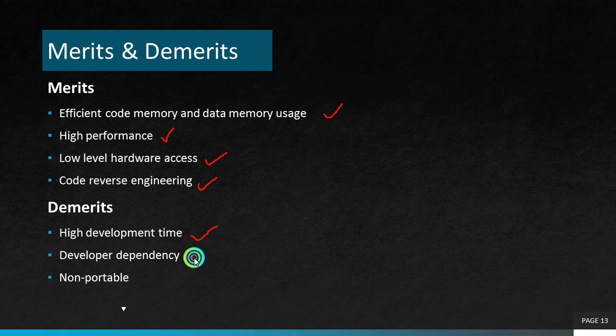Next one is developer dependency. Since there is no common rule for developing assembly language based applications as in high-level languages, the developers can develop the assembly programming according to their wish.